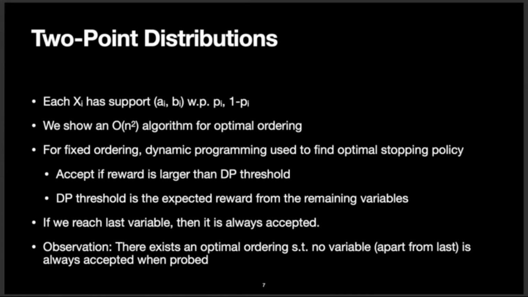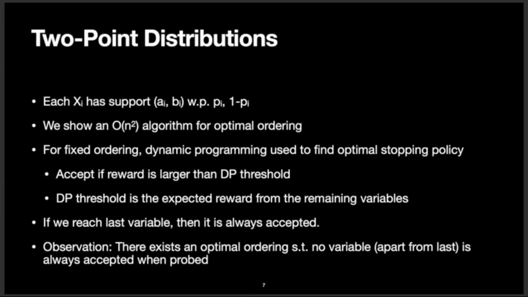Otherwise, we reject him. In fact, using the DP, the optimal thresholds are the DP thresholds, and the DP threshold is the expected reward from all the remaining variables left in the ordering. So we accept if the reward is higher than the DP threshold, otherwise we reject. And if we reach the last variable, then we always just accept that variable.